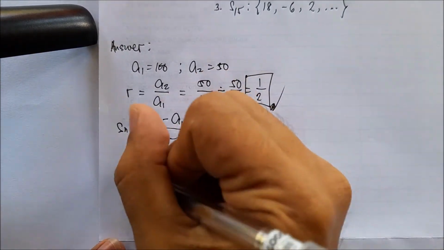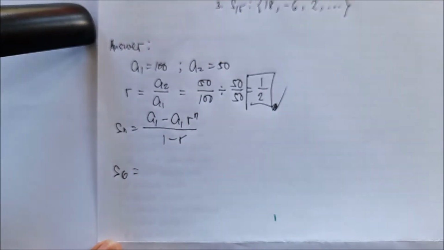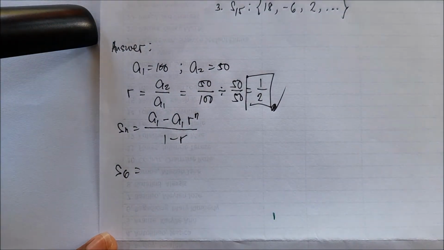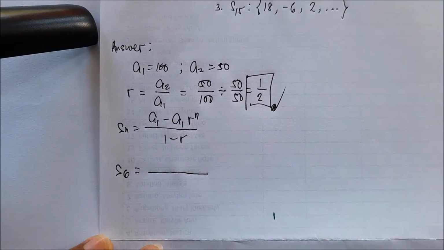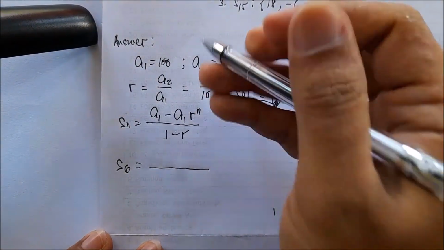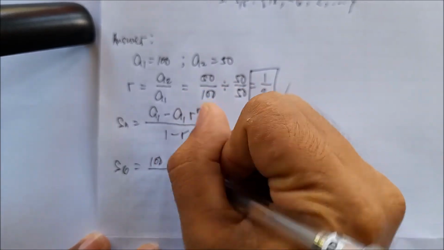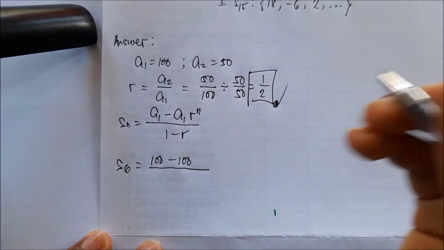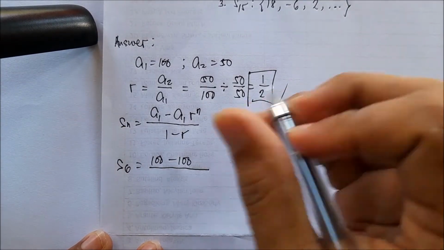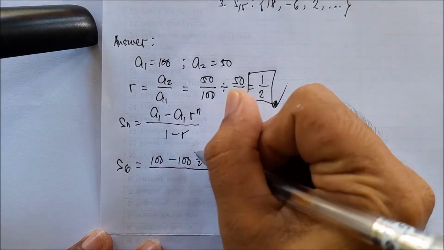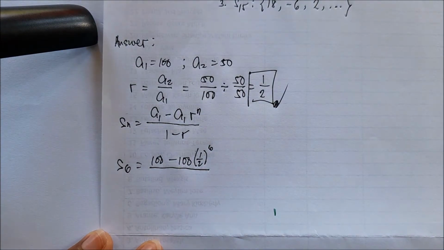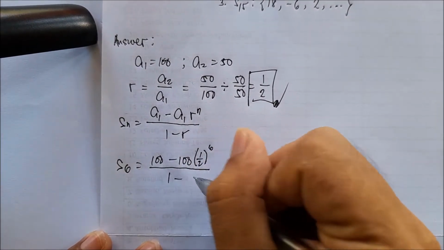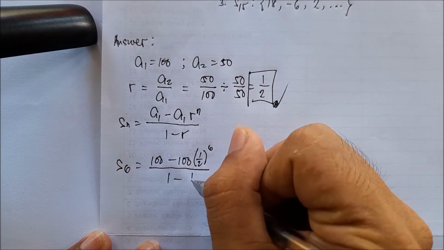S sub 6, that is the question that we need to find the value of. What is the value of a sub 1? 100, minus 100 times r. What is the value of r? 1/2 to the power of 6, which is the n, and 1 minus 1/2.